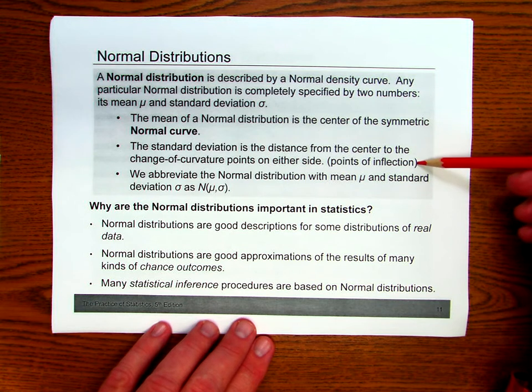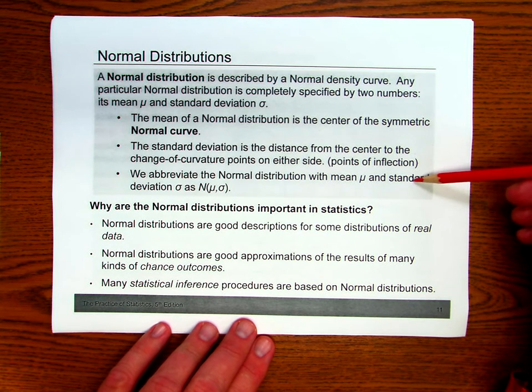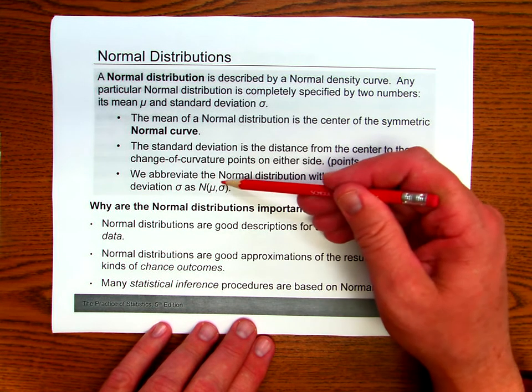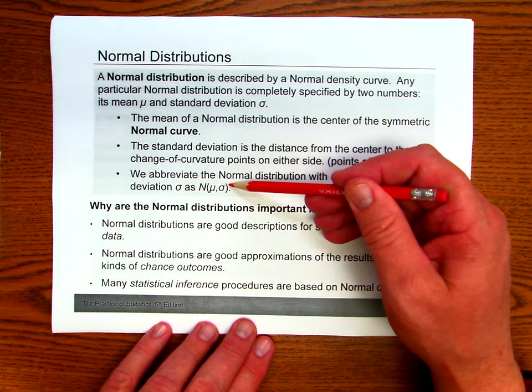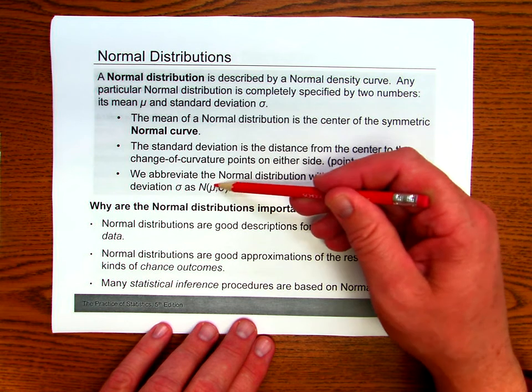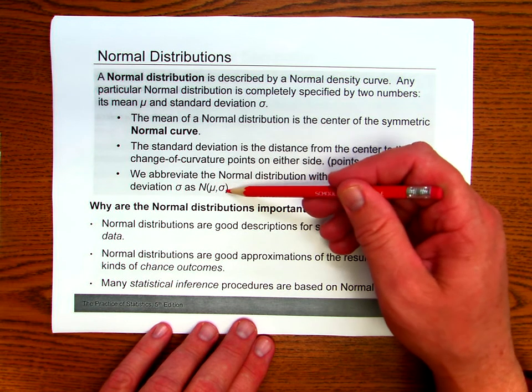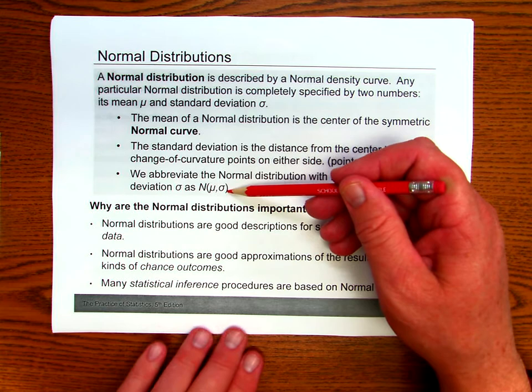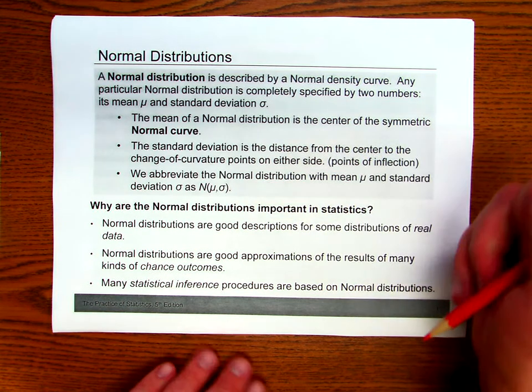We abbreviate normal distribution with mean mu and standard deviation sigma as capital N, and then we're going to have two numbers in parentheses. The first number represents the mean, the second number represents the standard deviation. And we're using population notation here as opposed to sample notation because a normal distribution is describing an entire group of something, an entire population.